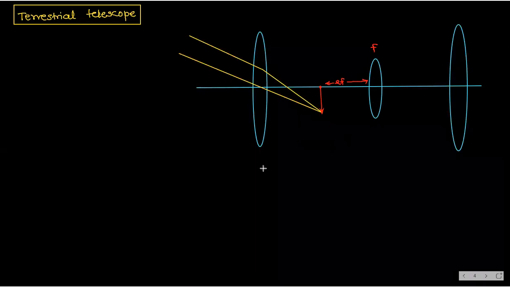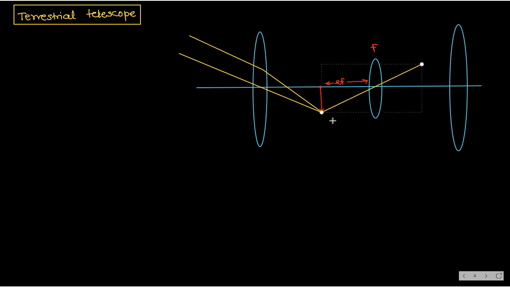Then the image which is getting formed due to this lens is again getting formed at the center of curvature only. So somewhere here you are getting another image of the same size like this here.